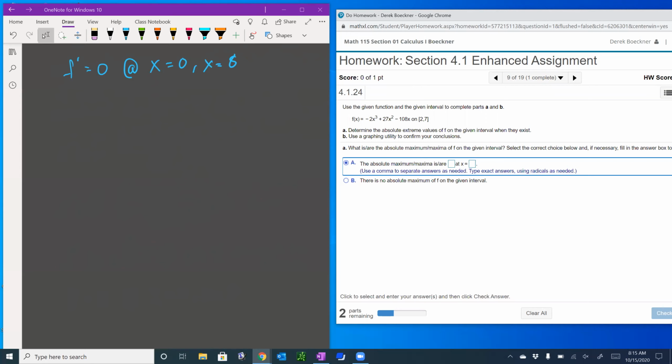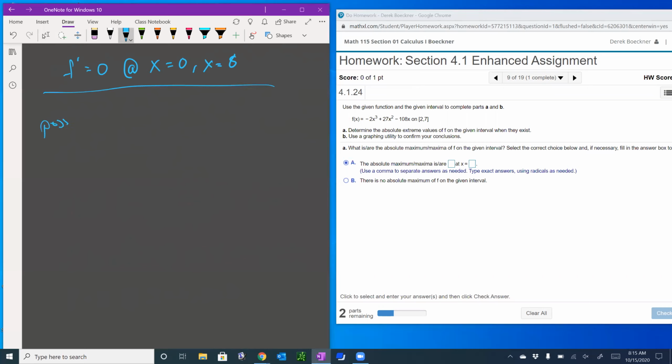And so endpoints of the interval, possible critical values, or critical points. We've got 2 and 7 because those are the endpoints of my domain. Okay.